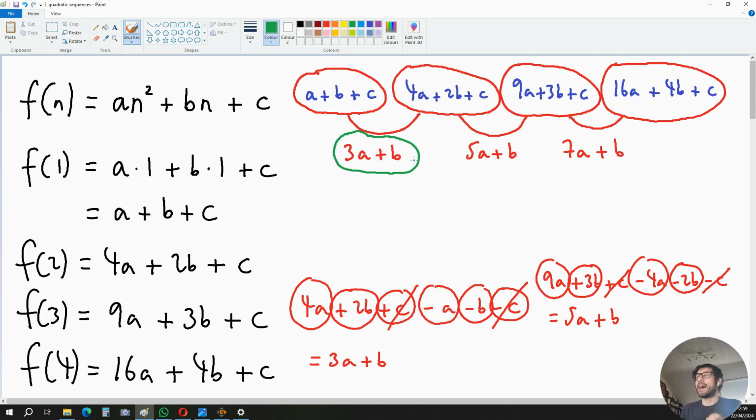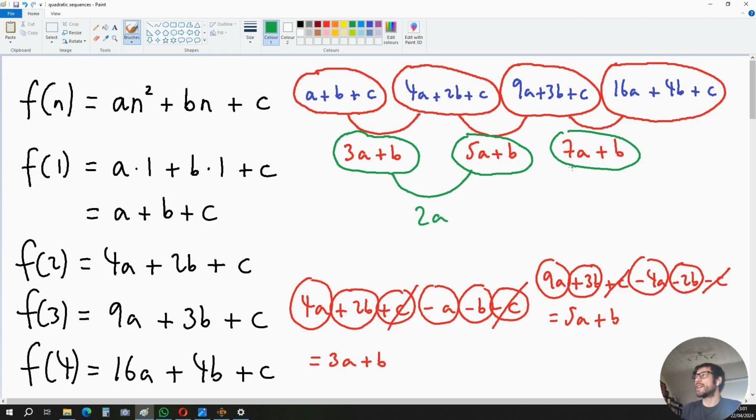Okay, now we're going to have to find the differences between these differences. Okay, and that's the next step to finding the general solution. So the difference between 5a plus b and 3a plus b is simply 2a, okay?